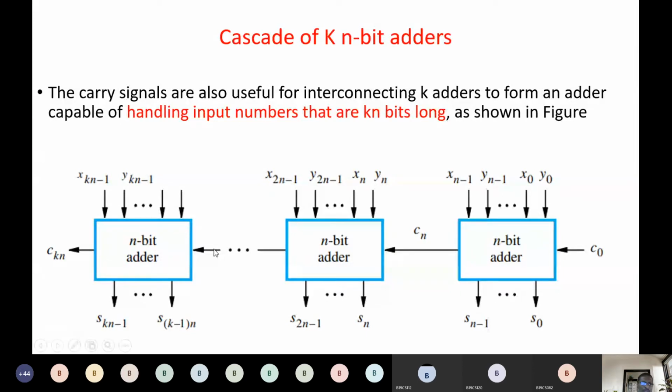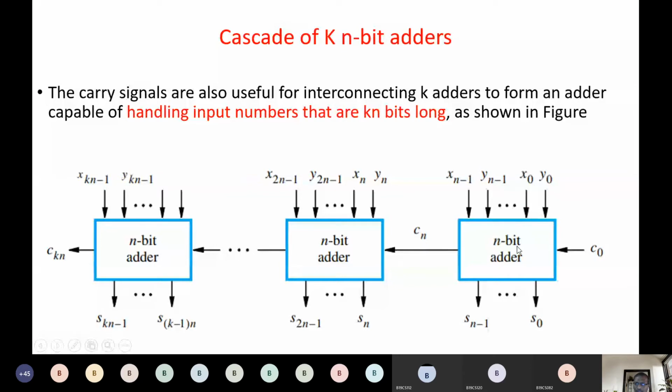This is capable of handling input numbers that are k bits. If the binary number is k bits long, that can be handled using these cascaded k n-bit ripple carry adders.